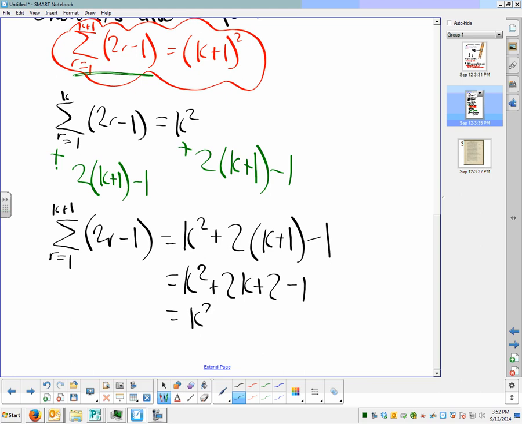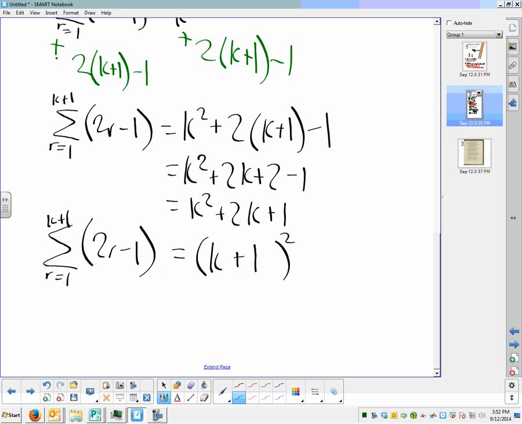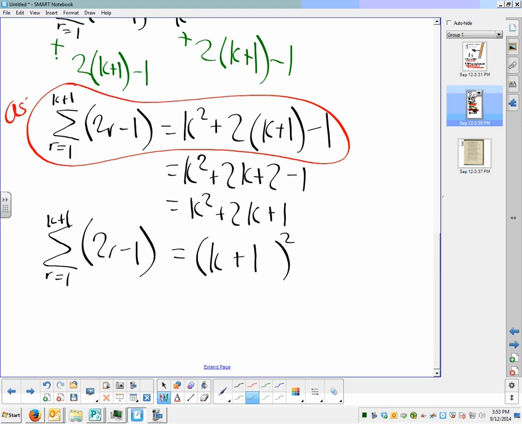And k squared plus 2k plus 1 should look like something we're familiar with because it factorizes to k plus 1 squared. So what I've done is, starting from this line that I assumed was true, that was my assumed line, I've proven that the next one is also true.